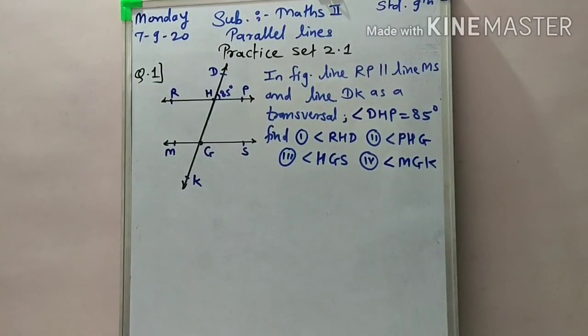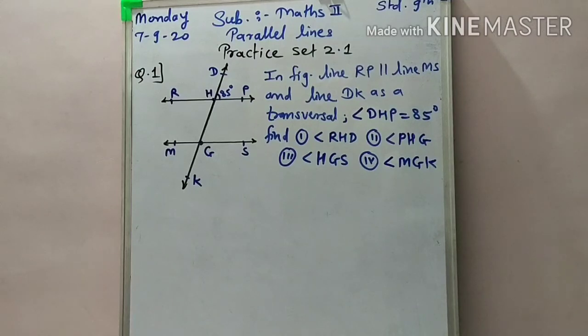Good morning, students. Let's continue with our second chapter, parallel lines, and here we start practice set 2.1. In our previous lecture, we studied three properties of the angles formed by two parallel lines and their transversal.